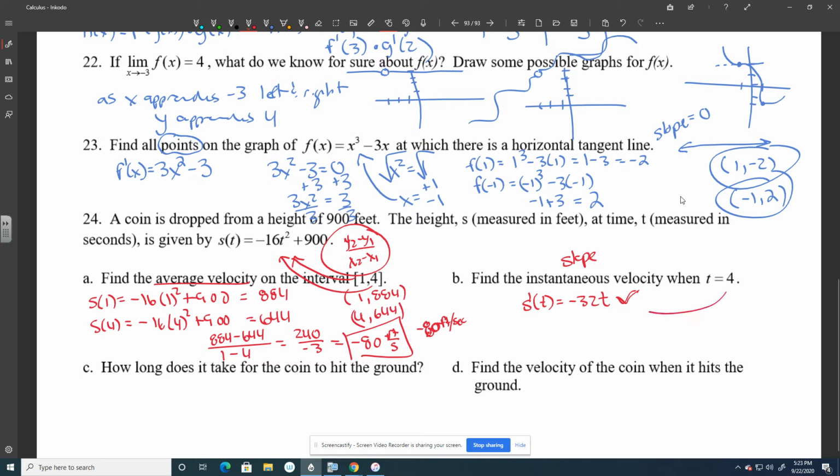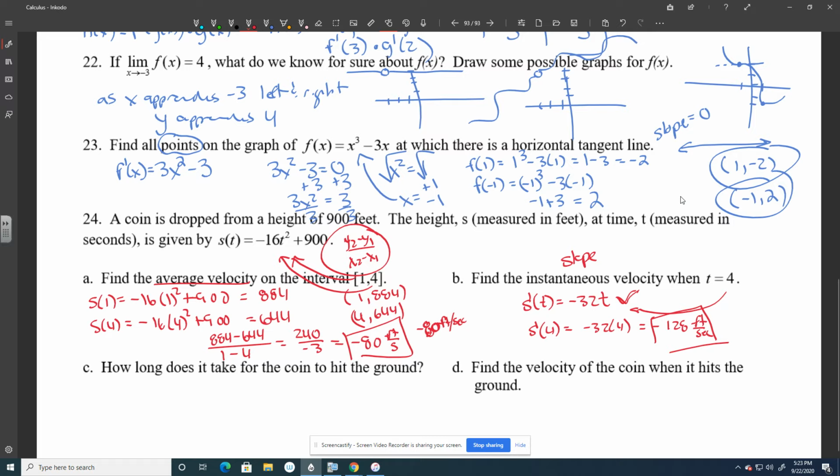And now I just plug in the 4. So s prime of 4 equals negative 32 times 4, which is negative 128 feet per second. Okay. So at 4 seconds, my coin is going negative 128 feet per second.